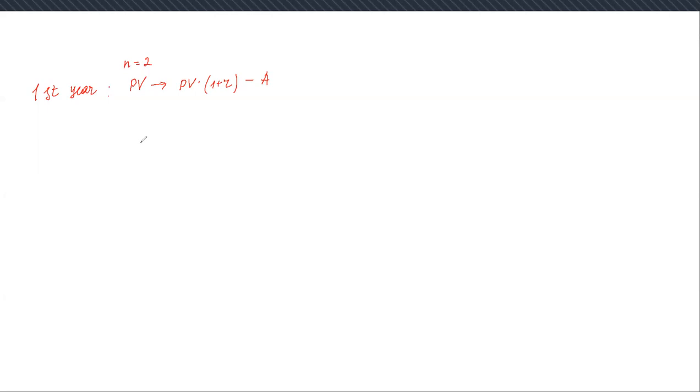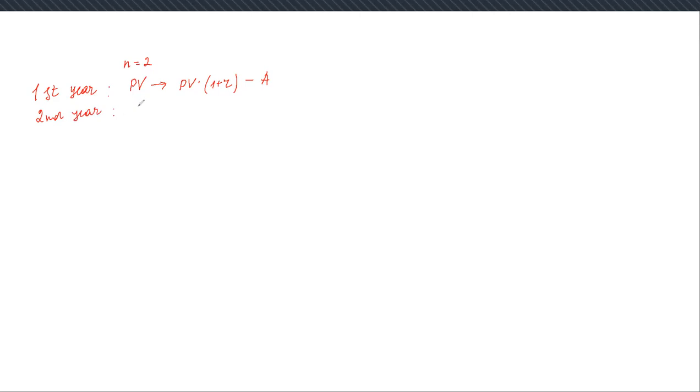So in the first year you put present value. At the end of the period, it will be PV multiplied by 1 plus R, and the bank gives you A capital. The second year.